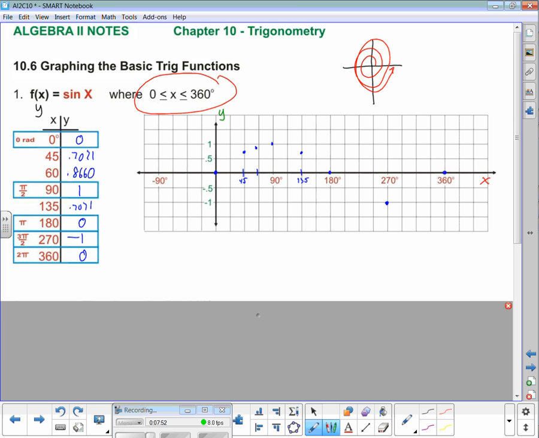So I'm going to take my red, and I'm going to try my best to draw a smooth curve hitting all these points. And really, I'm going to go just a tad past with an arrow on each end. And there is your basic sine wave.